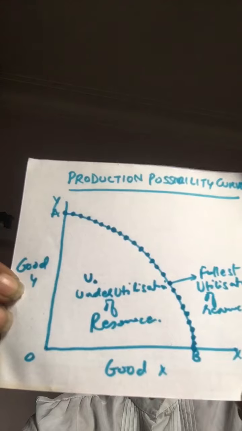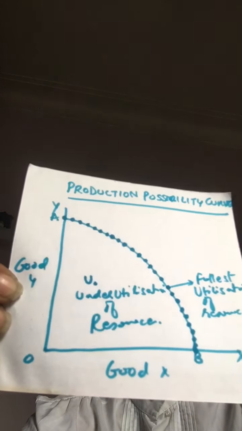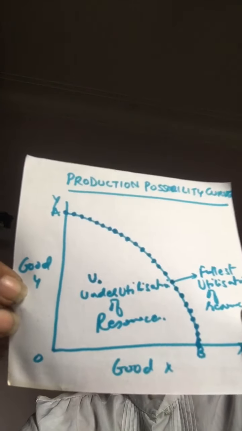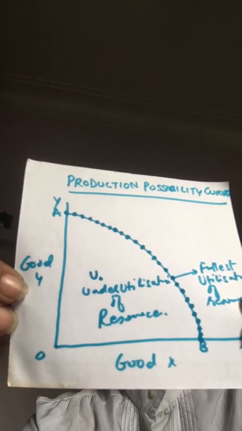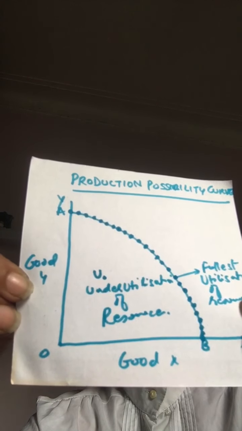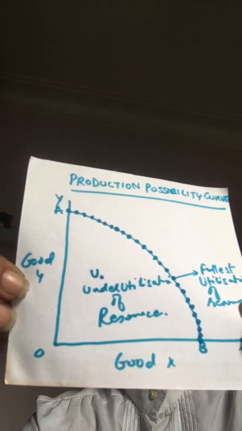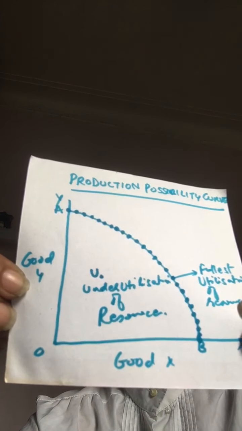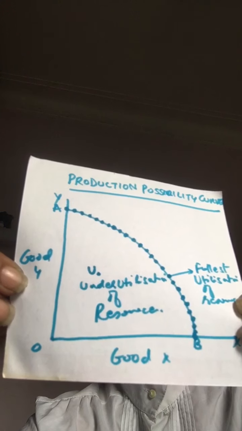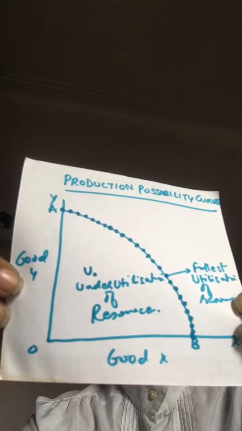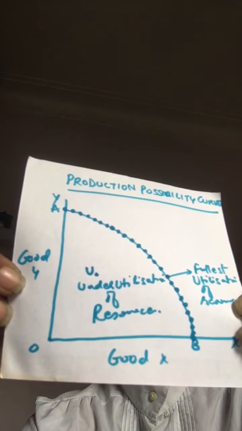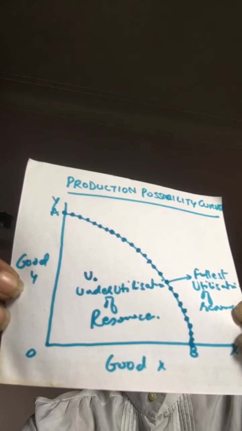And there are two extremes, you can see OA and OB. If I put all the resources in producing Y commodities, then OA of good Y will be produced with 0 of good X. And that goes for OB on the X axis.